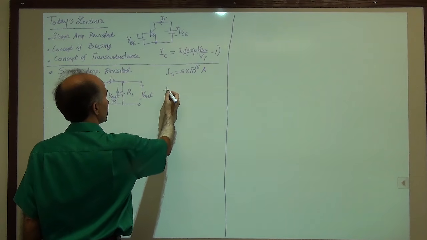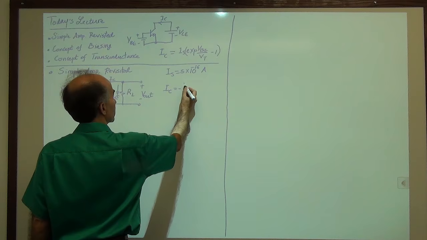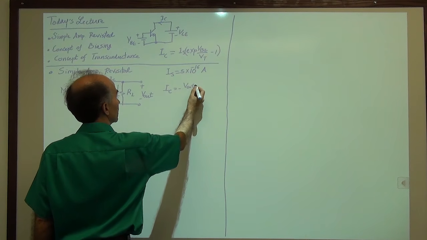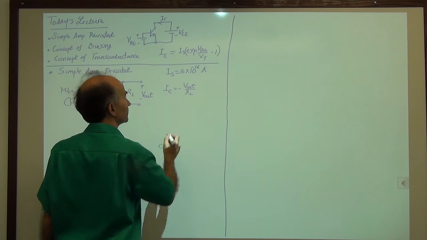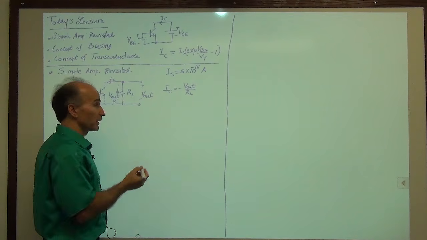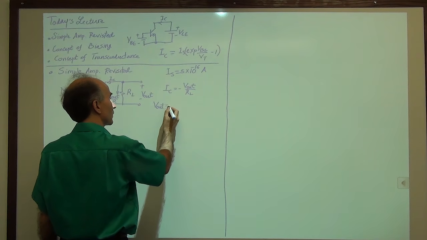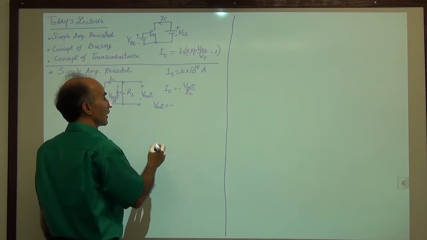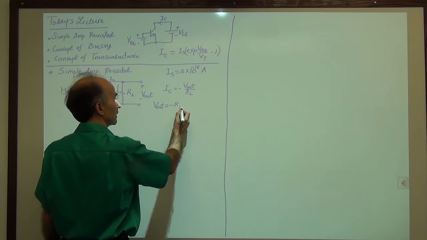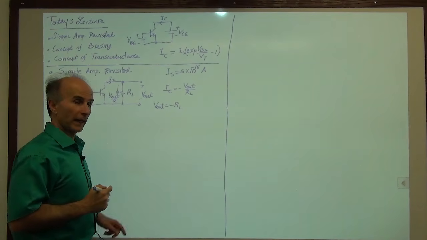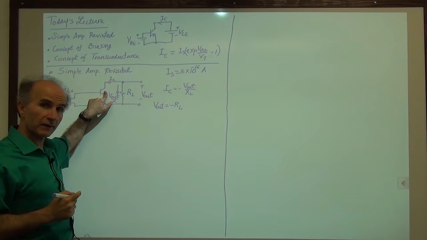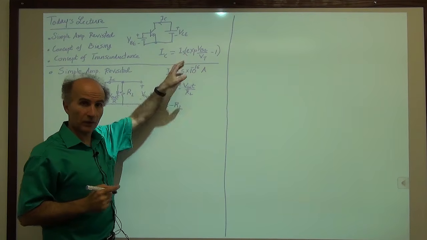So IC is equal to minus V out over RL, and that means that V out, the voltage of interest, is equal to minus RL times IC. And IC, the collector current of this device, is given by this expression.